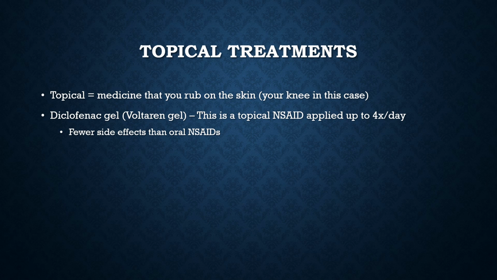So NSAID stands for non-steroidal anti-inflammatory drugs, and this medicine is applied up to 4 times per day to the knee. The advantage of this is that there's fewer side effects than taking the NSAIDs by mouth. Oral NSAIDs or NSAIDs taken by mouth include Aleve, Advil, ibuprofen, Motrin.